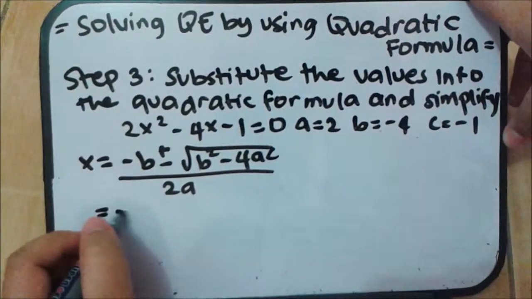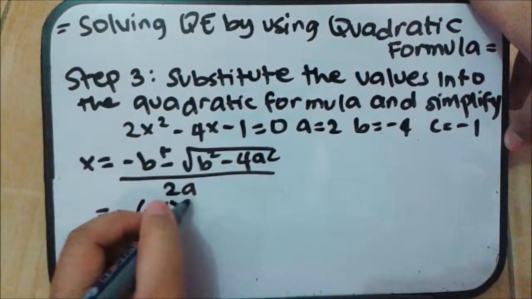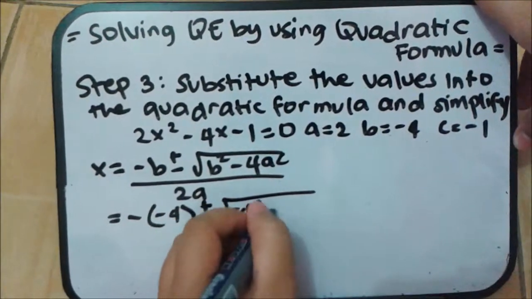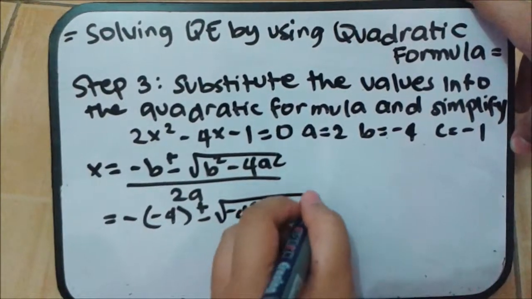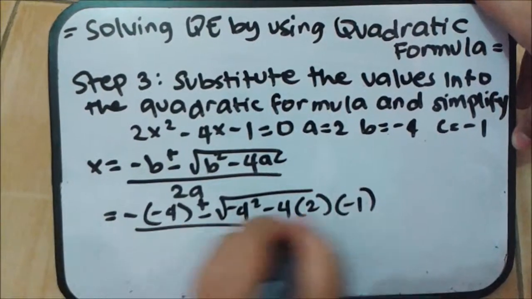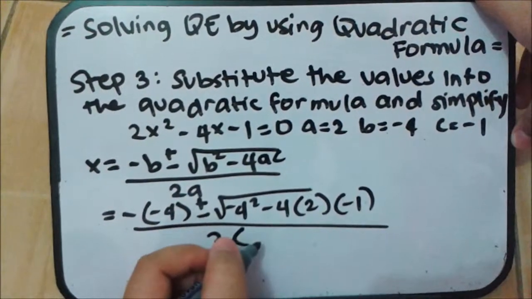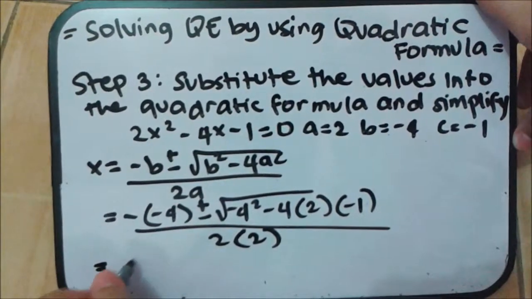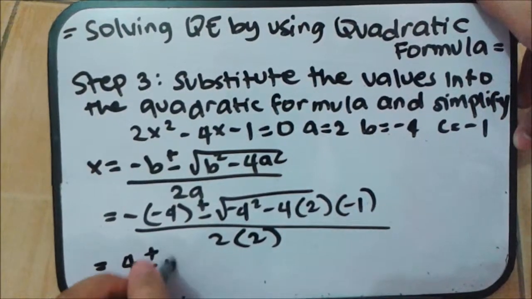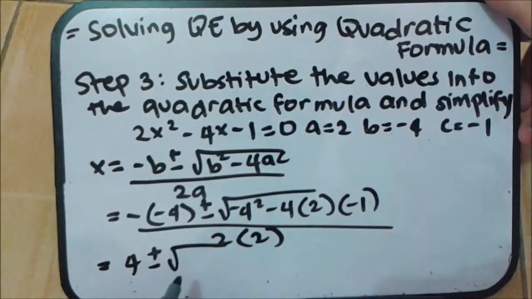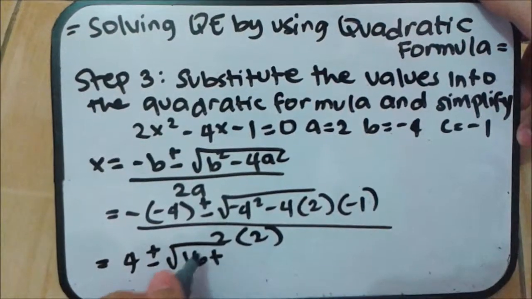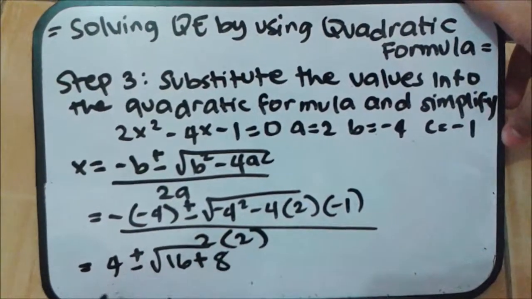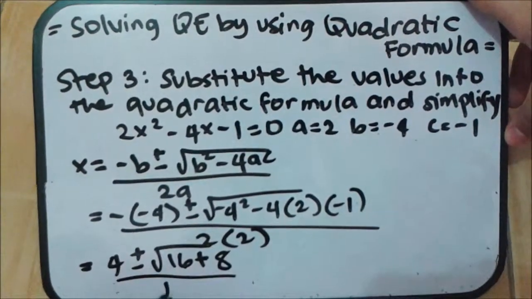Then substitute: negative negative 4, plus or minus the square root of negative 4 squared minus 4 times a, which is 2, times c, which is negative 1, all over 2 times 2. Negative times negative is positive 4. Negative 4 squared is 16, plus 4 times 2 times 1 is 8, over 2 times 2 is 4.